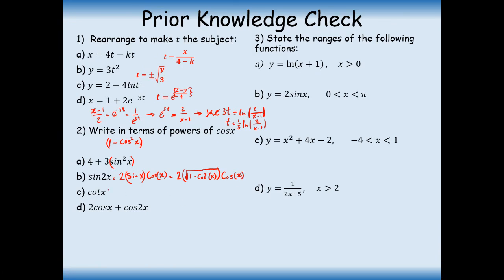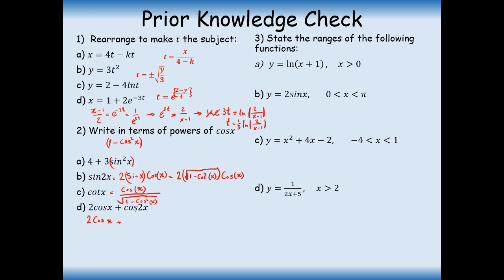Okay. Finally, cot is cos over sine, and to eliminate sine, once again we can use the square root of 1 minus cos square of x as the replacement for sine. And finally, 2 cos x here is fine as it is.